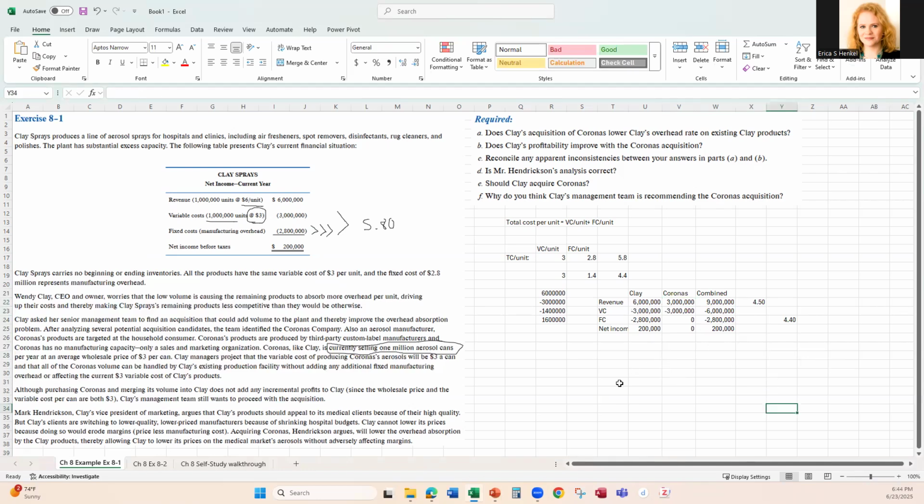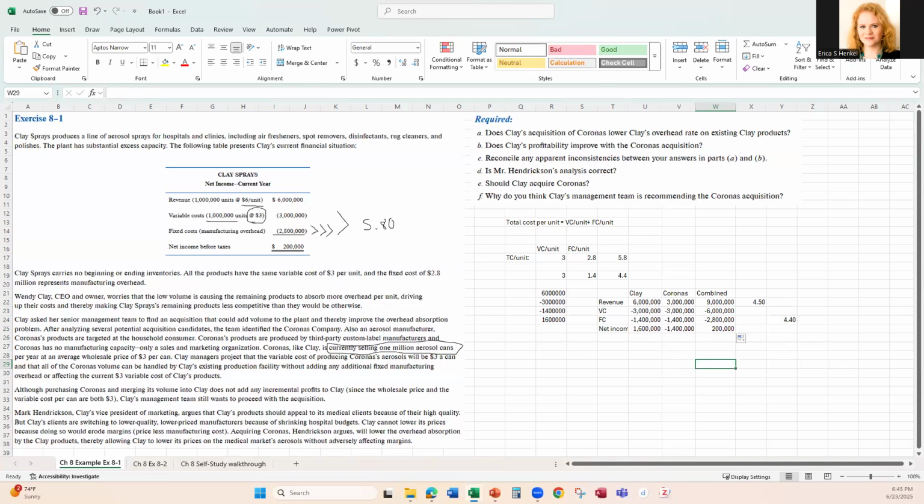Now, if they were to do this without increasing that price, then Coronas would suddenly stop showing a profit here. Actually, let's use my auto sum button. There we go, and let's drag that one over. We'd be looking at the exact same $200,000 here, right? Okay.